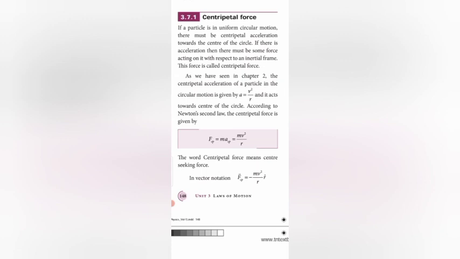The centripetal force means a center seeking force, that is, the force is always directed towards the center point. In vector notation, FCP is equal to minus m omega square r cap, where the minus sign denotes the direction of the centripetal force.